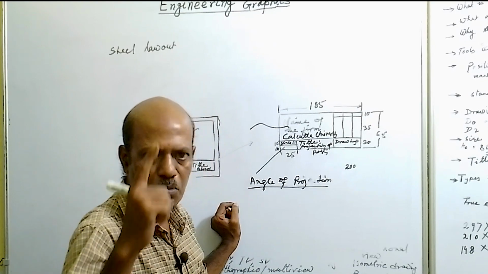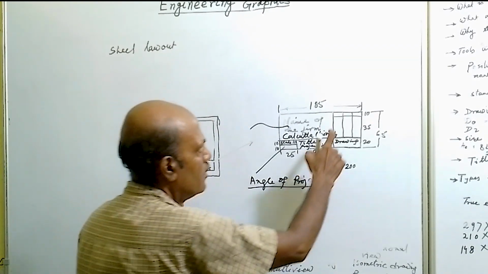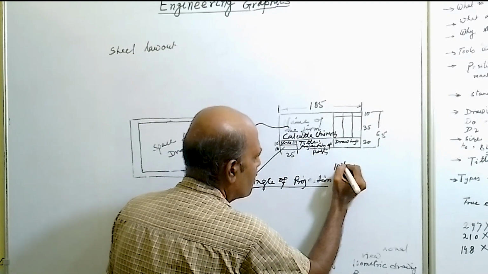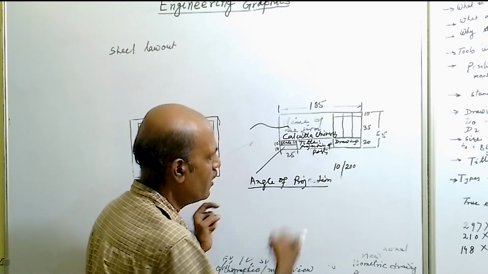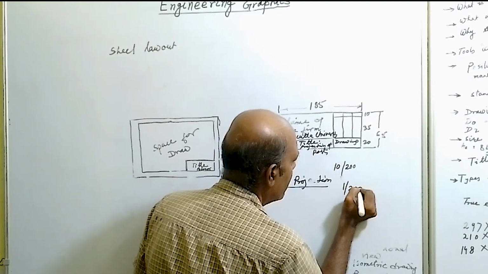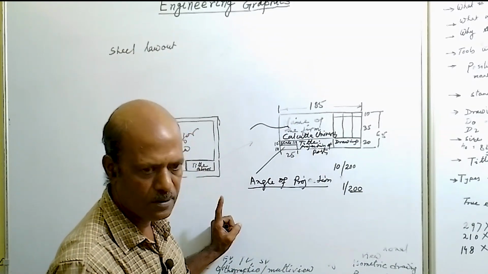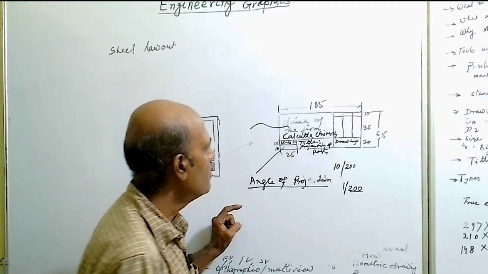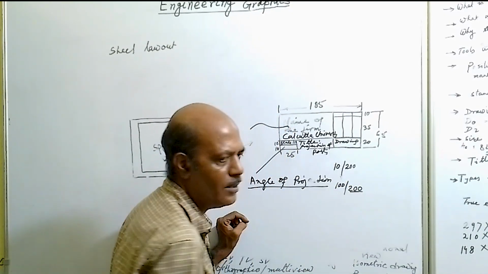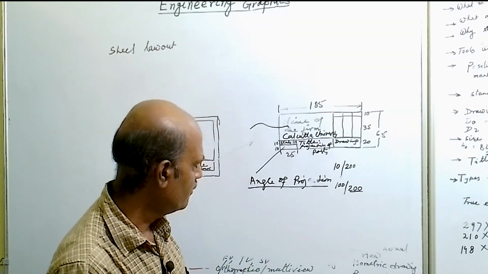That means 200 sheets are available for this drawing, and this sheet is, say, 10th number, so 10 by 200. It may be the first sheet, so it may be 1 by 200. There are total 200 sheets, and this is the first sheet. And it may be 100th, so we will write 100 by 200. So 100th sheet out of 200 sheets.